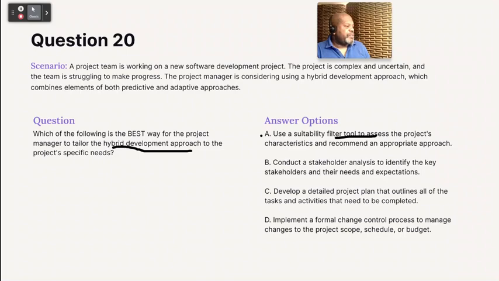Use a sustainable filter tool to assess the project's characteristics. I like that. Can we look at this? Yeah, there's nothing here. Which of the following is the best way for the project manager to tailor the hybrid development approach? Use a sustainability filter tool to assess the project's characteristics. I like that because we're talking about the characteristics and project's characteristics when here we're talking about the specific needs.